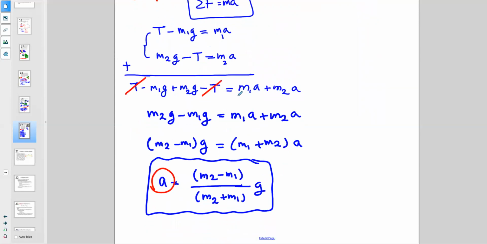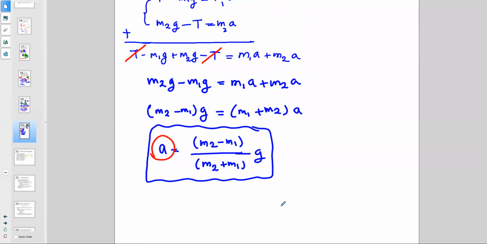Or in other words, let's actually write down something like this. To find the tension T, what we need to do is to have these equations one more time.